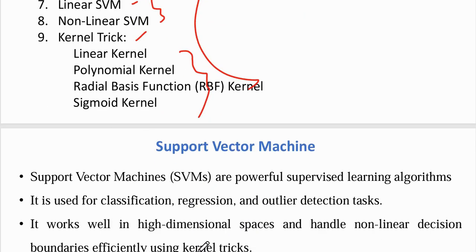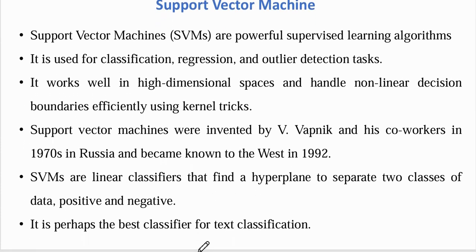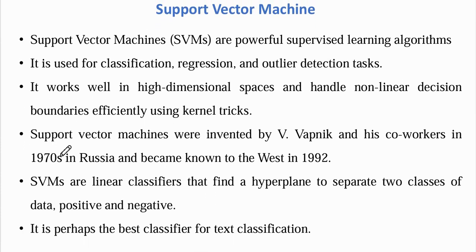The first one is support vector machine. The first thing we all know is that support vector machine is a powerful supervised learning algorithm. That means to build a model using SVM, the data set must be labeled data, that is, it must contain a target variable.